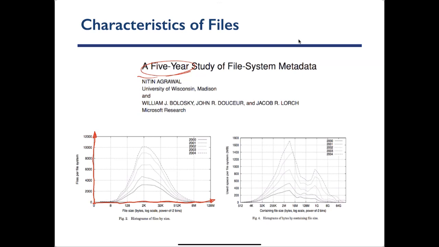So basically, the frequency that a particular file has this particular size. This is from 2000 to 2004, so it's two decades ago. Things have changed, definitely. But back then, most of the files were small.